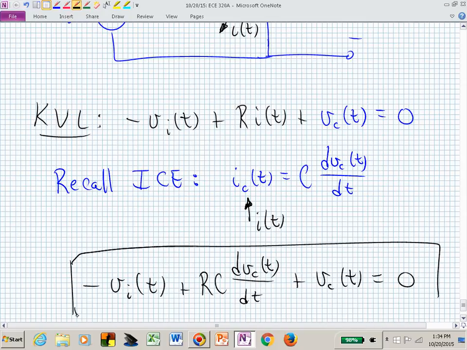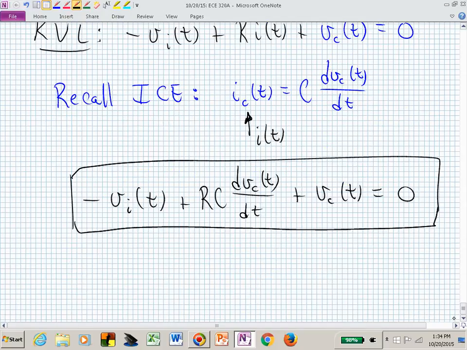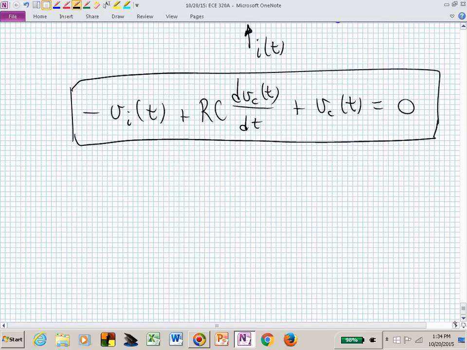And if I only ask for the governing differential equation, you could stop there. But if I ask for V sub C of t, then you need to keep going. And maybe you've forgotten your differential equation, so now you go, I'm going to do Laplace.